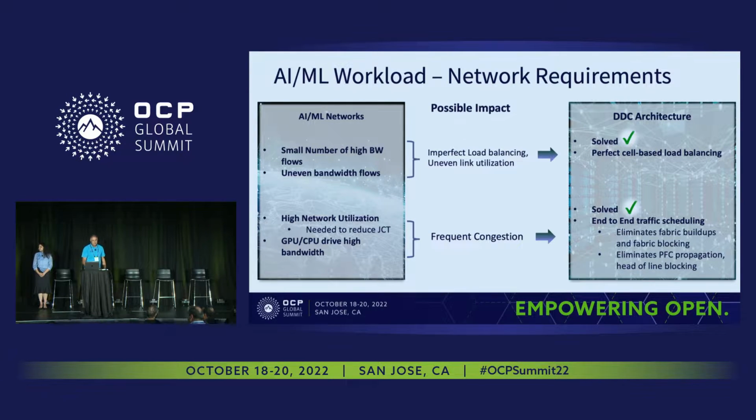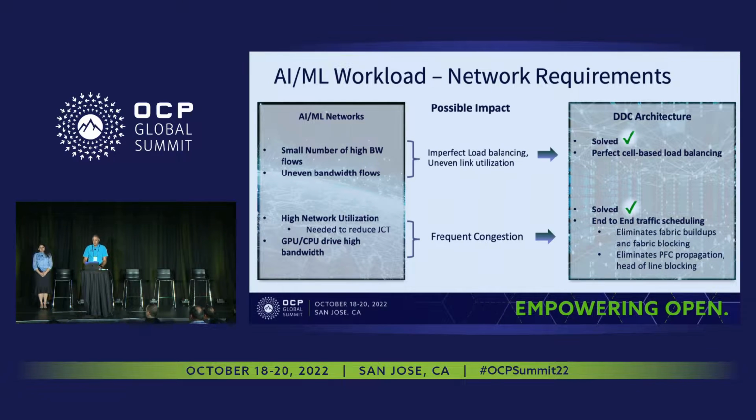The second one is that the high utilization of the network for long periods of time can create congestion in different locations in the network. And again, this congestion reduces the bandwidth of the network and the efficiency of the network.